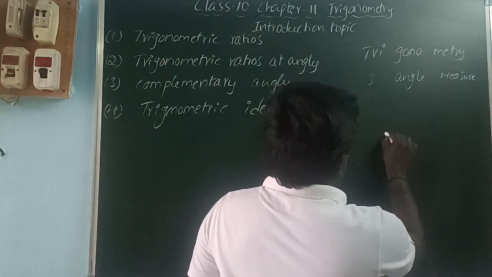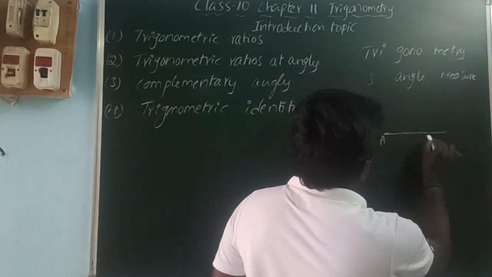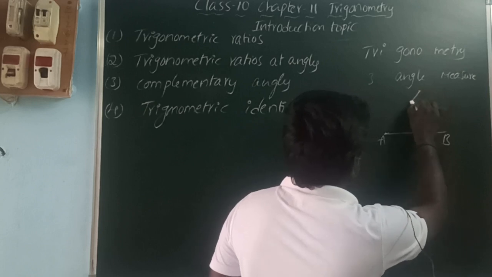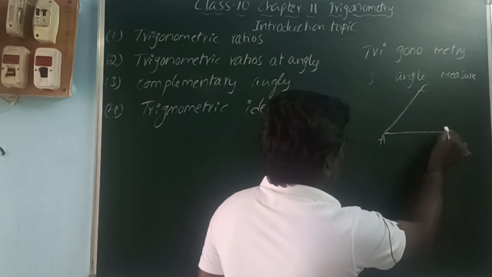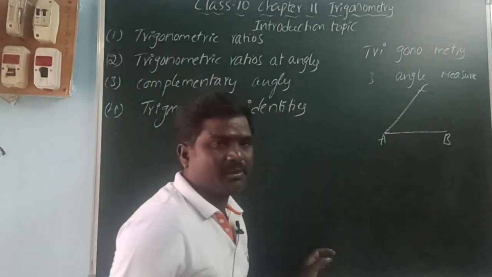So here, this is one line segment, and it is another line segment. These two line segments AC and AB are met at one common point.